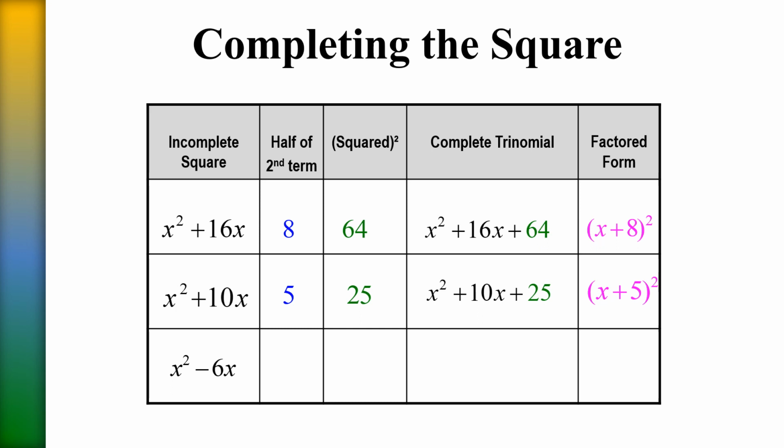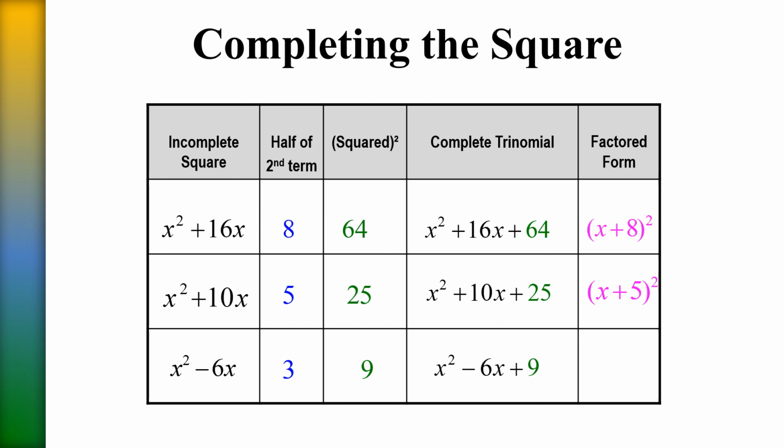Now notice with this one you see x squared minus, the others were plus. Well, that doesn't matter. That's simply the sign that tells you what sign will go in the binomial once it's factored. But we still need to look at the coefficient here and say, what's half of 6? Half of 6 is 3. 3 squared is 9. So again, we're going to add 9 to that trinomial, which, by the way, for perfect square trinomials, the last term is always positive.